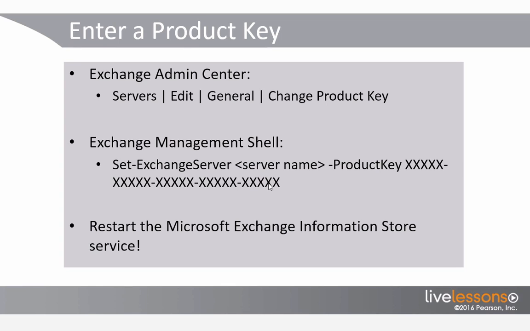I've just used a bunch of X's right here as opposed to an actual product key, but this is what the command would look like. Now, if on the other hand you prefer to use the GUI, then what you would do is open the Exchange Admin Center and go to Servers, select a server, and click Edit. And then you would go to the General tab and choose the Change Product Key option. So I'll show you what that looks like in just a second.